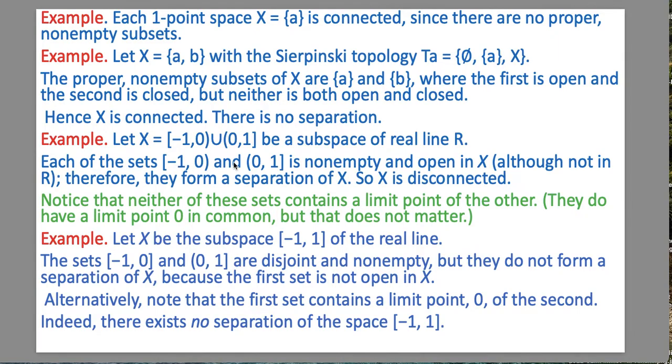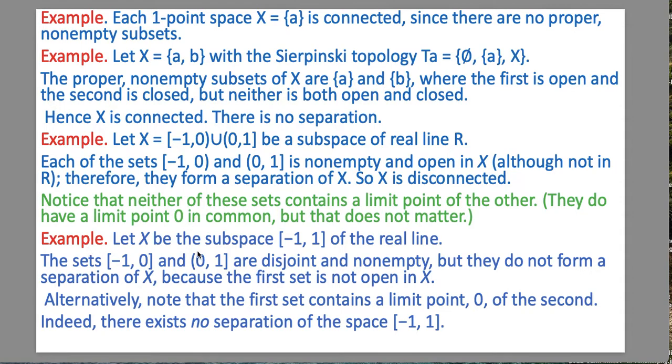Therefore, they form a separation of X, so X is disconnected. Here one may notice that neither of these contains a limit point of the other, because 0 is not in either set; 0 is their limit point.